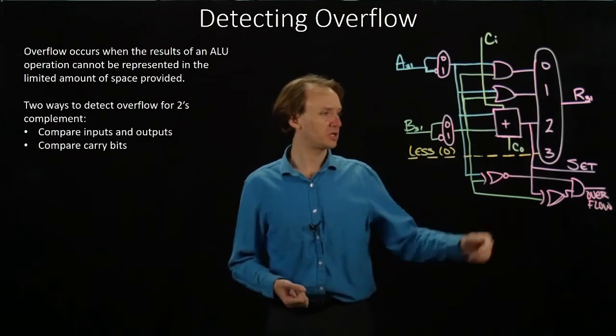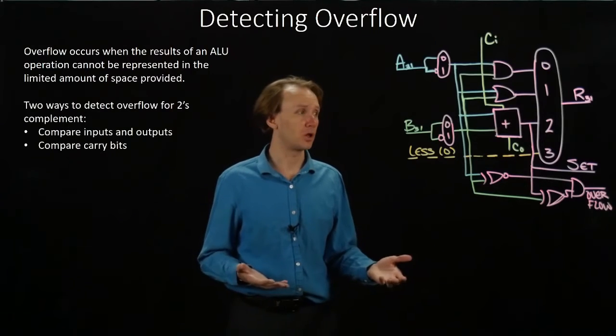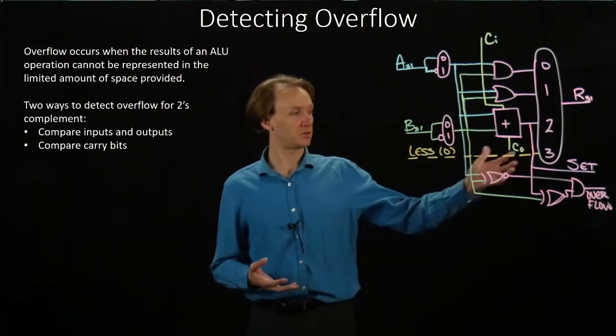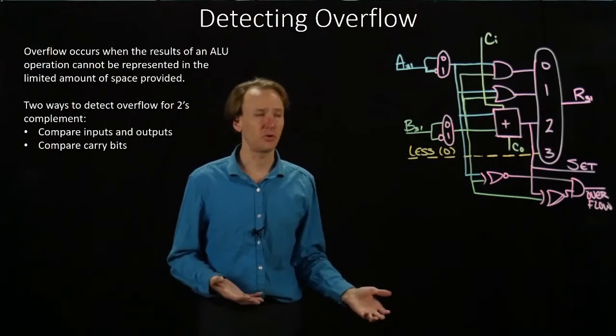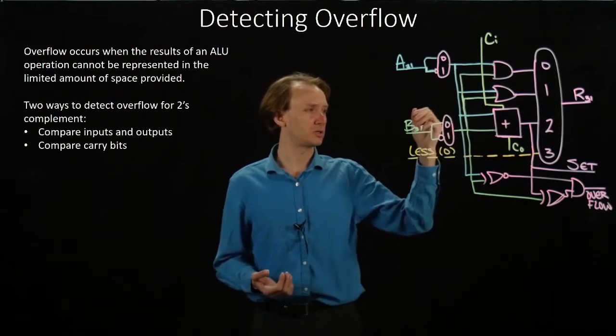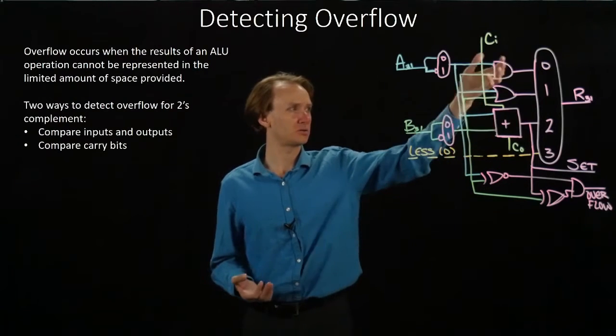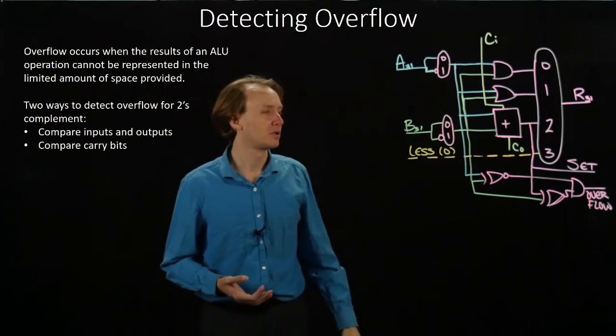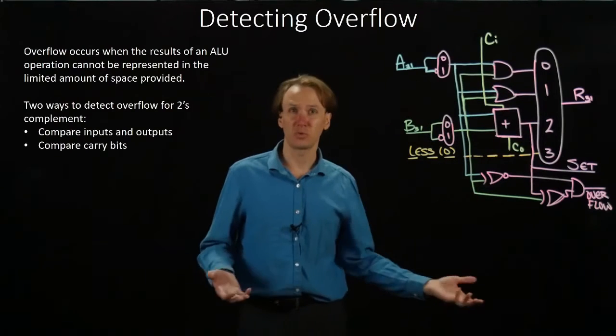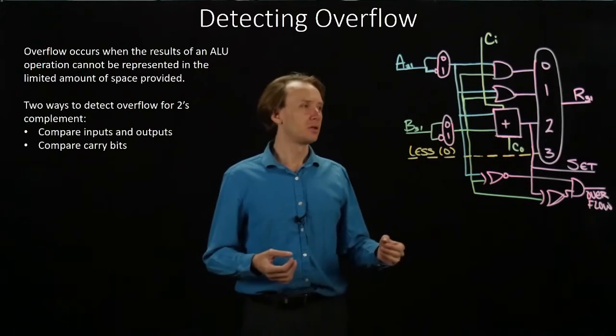In this case, I have 3 gates, and they tell me if I've got overflow. I still have to make sure that the results of this are in fact meaningful. I have to make sure that I am doing, say, an addition operation, not AND or OR, in which case I probably wouldn't care about overflow at all.